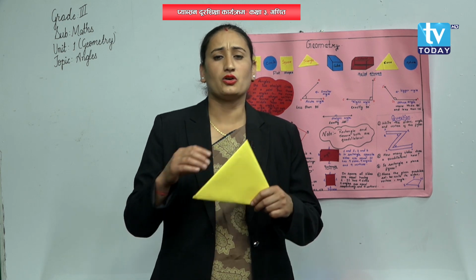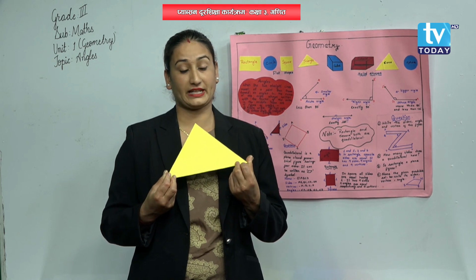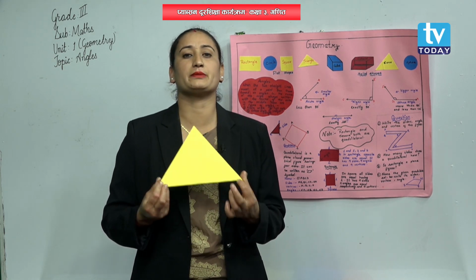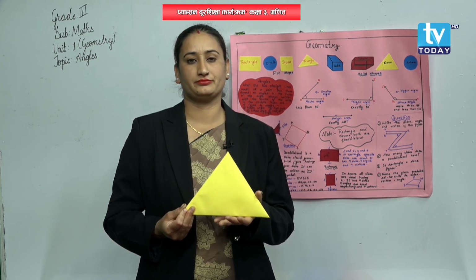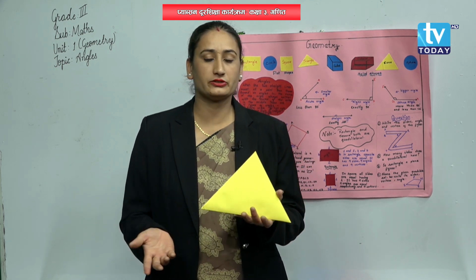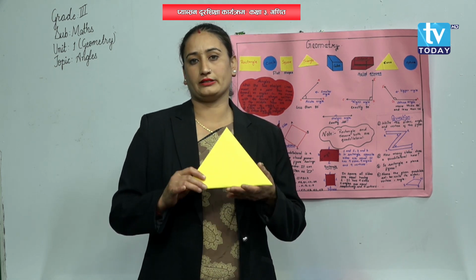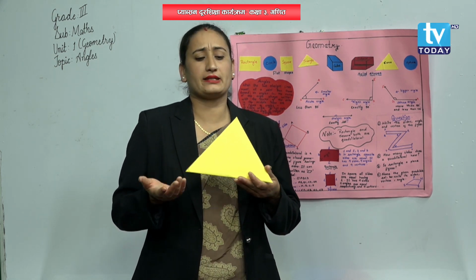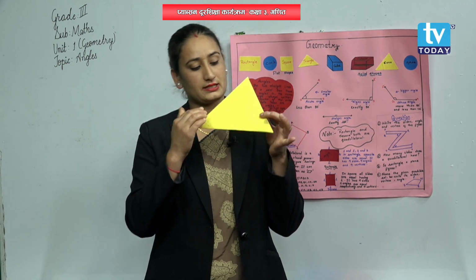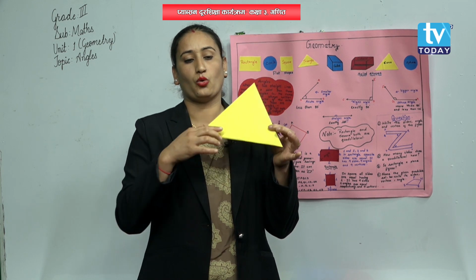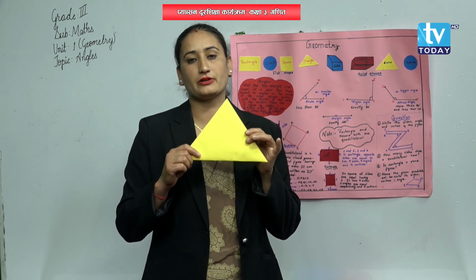Done? So now can you give me the definition of a triangle? Can you define a triangle? What do you mean by triangle? How do we write the name of the triangle? How do we write the sides of the triangle of a given figure? See, if I am holding the triangle in my hand, then how do I write the name? I haven't mentioned any name in my figure. Have I mentioned any name? So, to write the name and sides, first of all, what do we need to do?